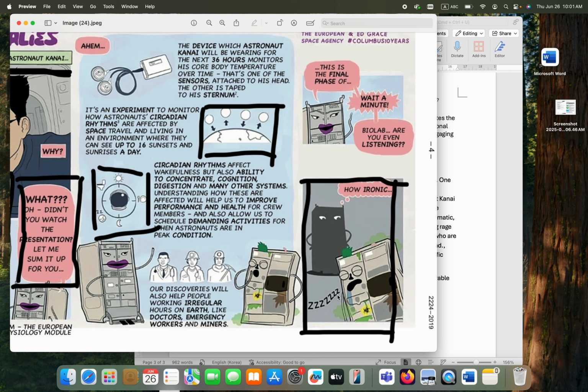With like zzz and closed eyes. And then right after EPM is emphasizing how important sleep is for astronauts, which is ironic, which is kind of our situational ironic, right? Which makes it more engaging while reinforcing the idea of disrupted circadian rhythms, right?